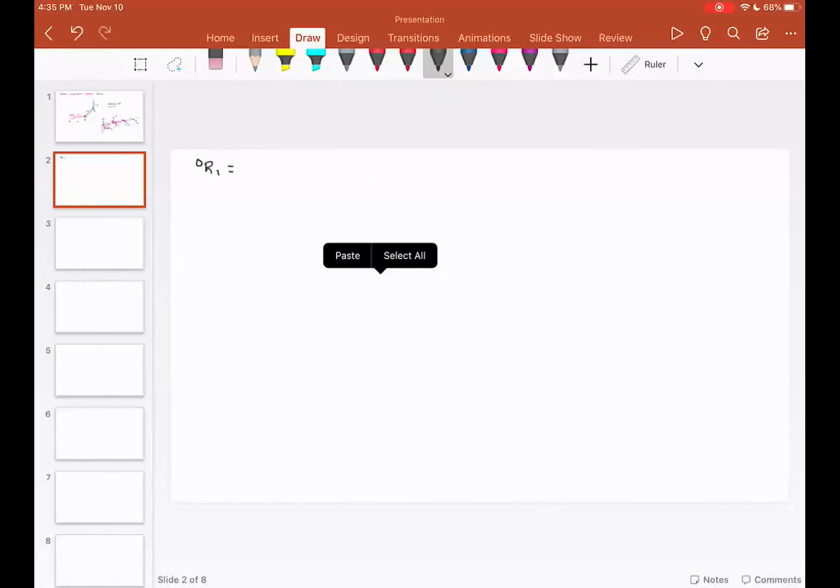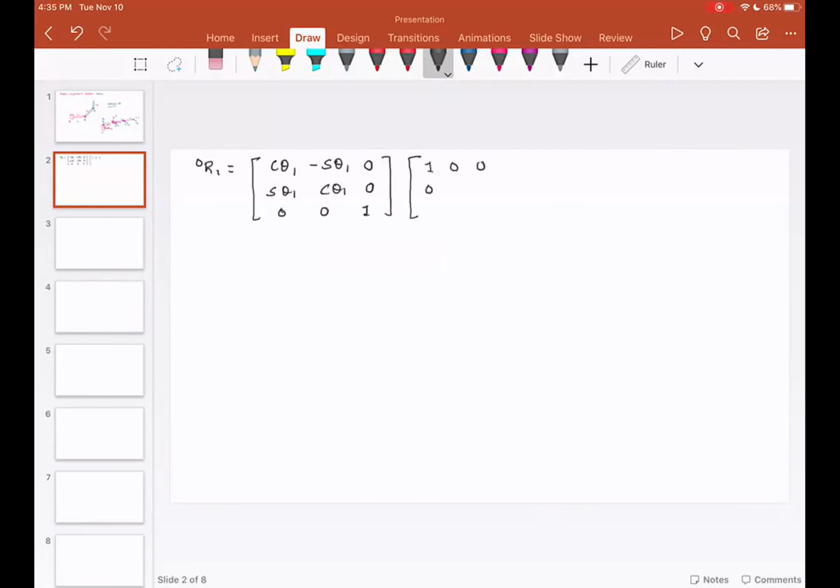So 0R1 is going to be cosine theta 1, minus sine theta 1, 0, sine theta 1, cosine theta 1, 0, then 0, 0, 1, multiplied by the projection matrix 1, 0, 0, 0, 0, minus 1, 0, 1, 0.